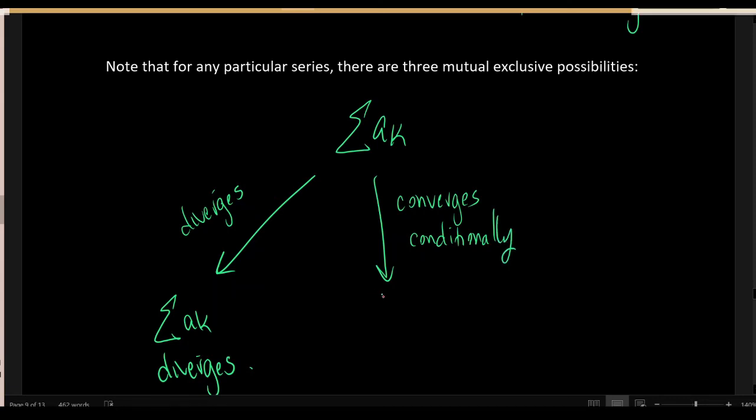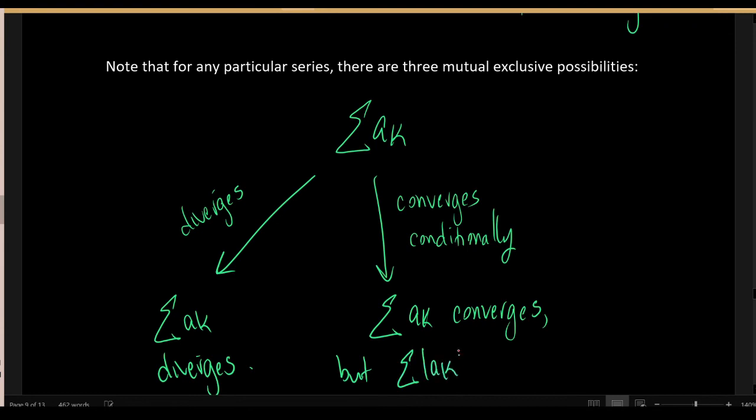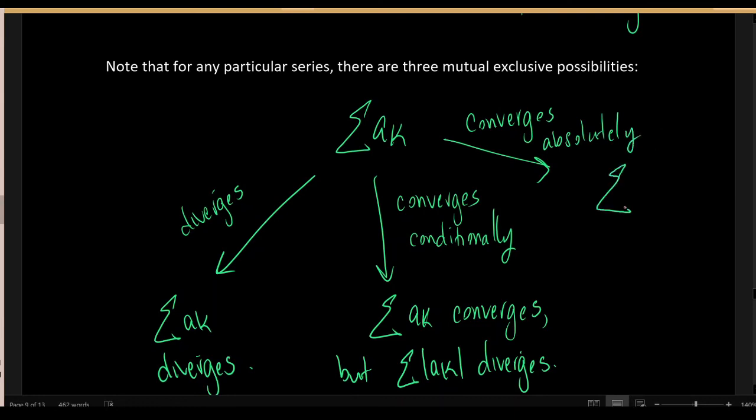What this means is that your original series converges, but if you stick absolute values on there, all of a sudden you have a divergent series. And the third mutually exclusive possibility is that the series converges absolutely. Which amounts to saying that the sum of the absolute values of a sub k is a convergent series.